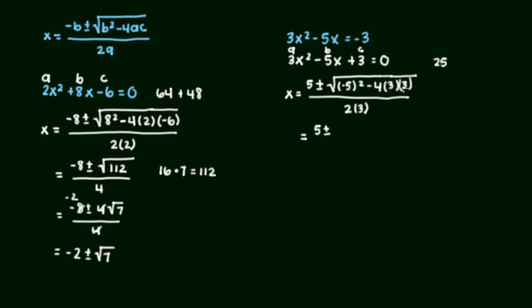Negative 12 times another 3 is negative 36, which gives us negative 9 under the radical. Now this is not a real number, so we cannot get a real solution to this equation given, which means that the solution is no real solution.